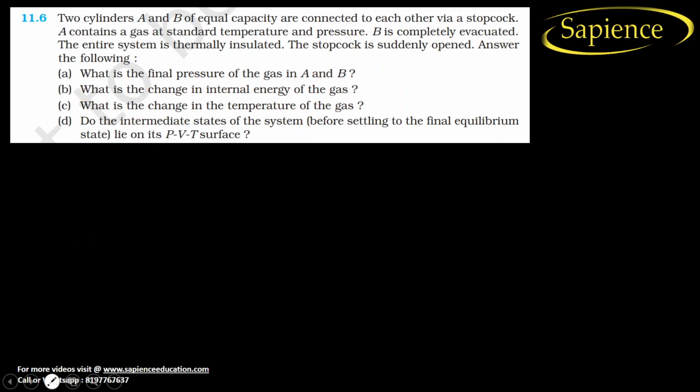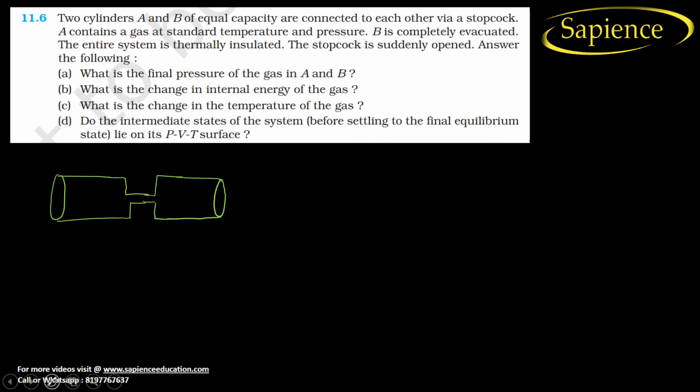So let us do it step by step. Let us draw the diagram first of all. What are the conditions or the situation? There are two cylinders. Let us consider this is a cylinder, and it has been connected by a stopcock to another cylinder of the same size, equal capacity.